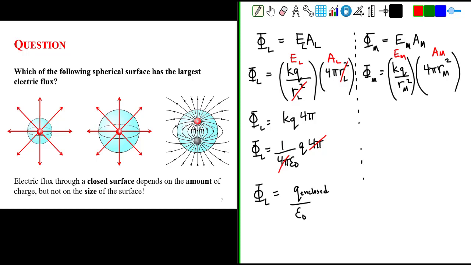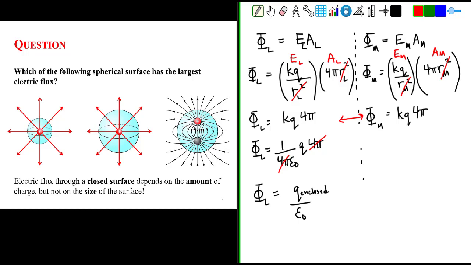And in the next line, notice we have a radius squared in the numerator and the denominator. They will cancel. So the electric flux of the middle sphere is equal to kQ times 4 pi. Oh my gosh.